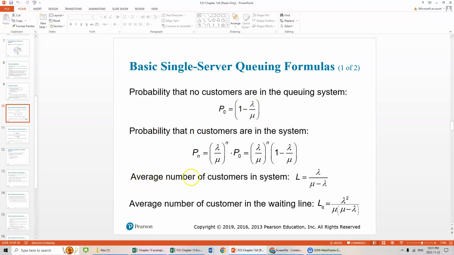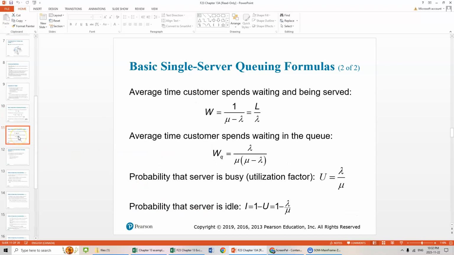We're going to look at the average number of customers in the system, known as L, which is lambda over the difference between mu and lambda, and the average number of customers in the waiting line, LQ, which uses that formula. We're not going to be too concerned with the probability that there are n customers in the system. So there are 3 out of those 4 listed there that we're going to look at.